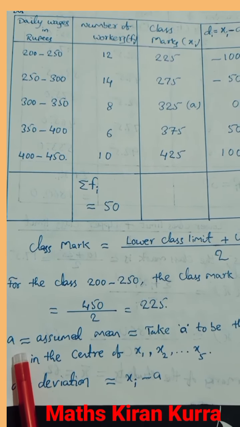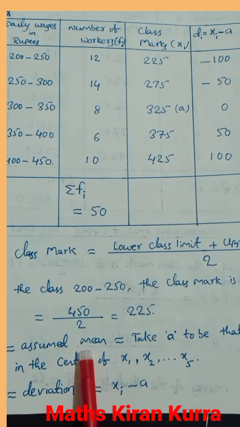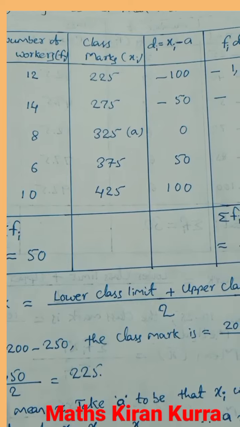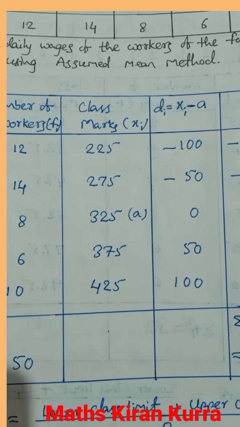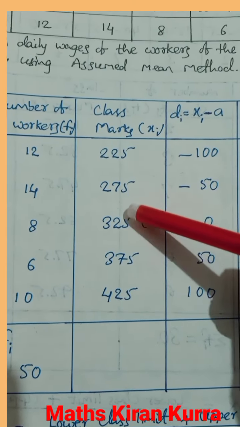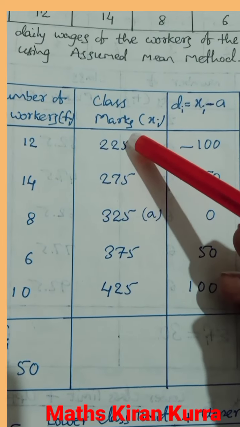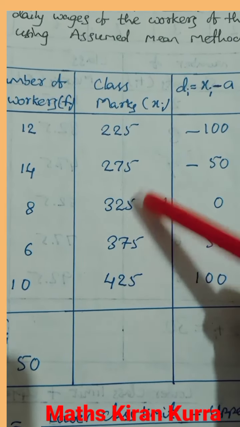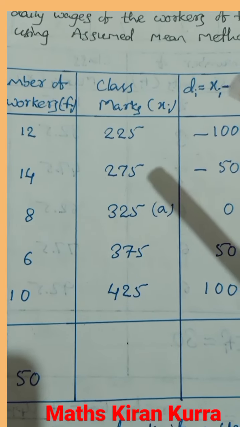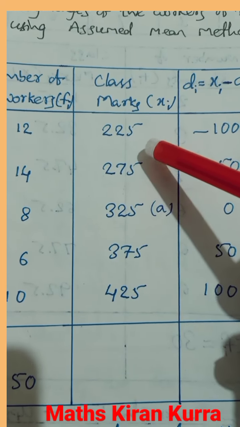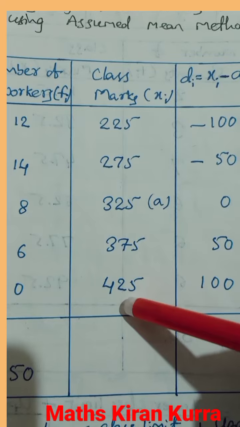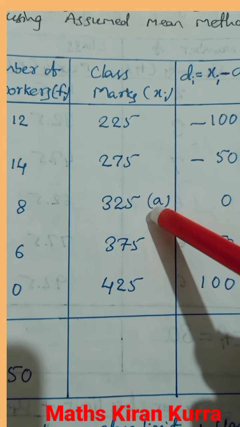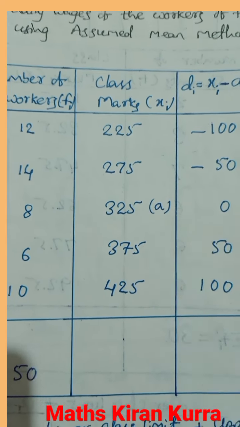So small a is called the assumed mean. How to find the assumed mean? On observation, we write the xi values 1, 2, 3, 4, 5. So there are 5 class marks, and the middle one we take as the assumed mean.